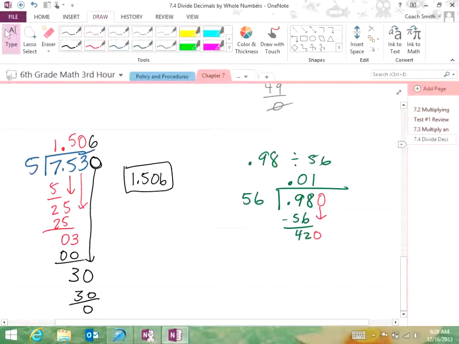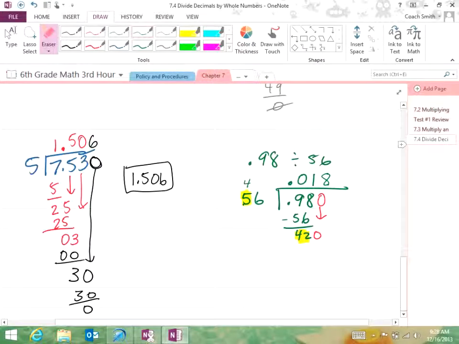56 into 420. Now, to get an estimate, I'm going to look at the 5 and the 42. 5 goes into 42 8 times, so let's try 8. 8 times 6 is 48, carry my 4. 8 times 5 is 40 plus 4, 44, so 448. That doesn't work because it's larger than 420.